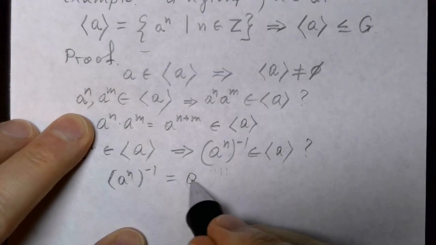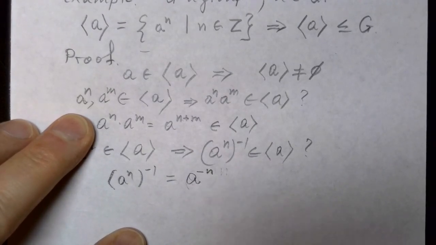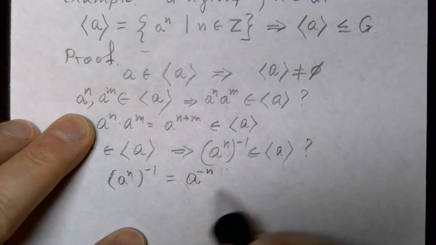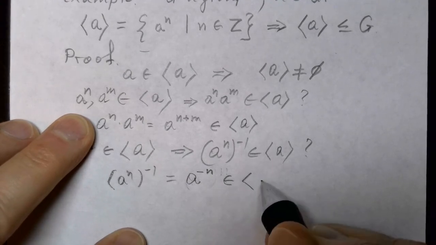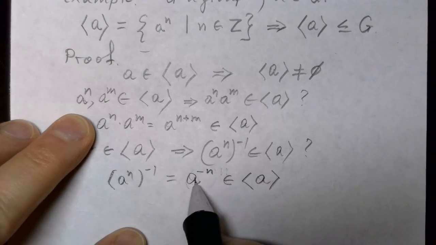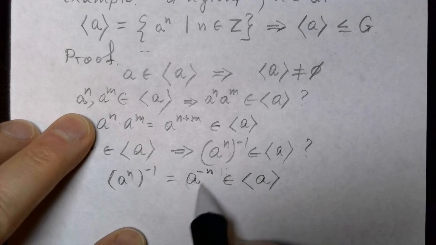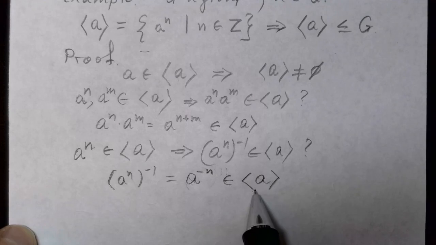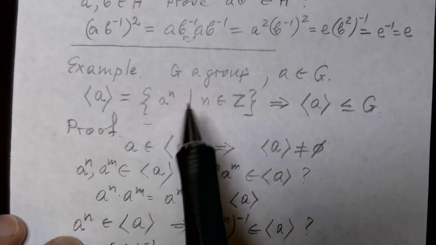This is A to the power negative n. Since negative n is an integer, we have an integer power of A, which means that this element belongs to the subset defined in the problem.